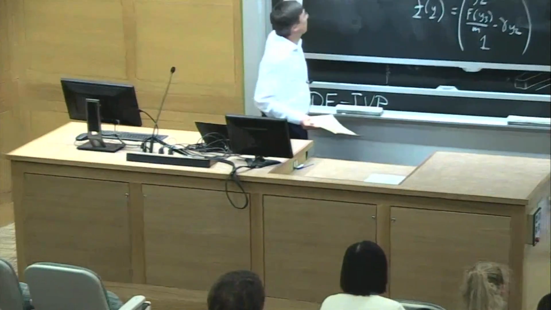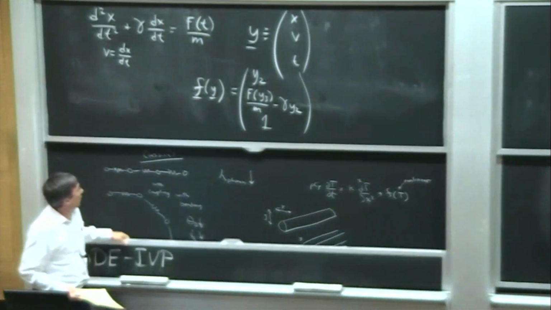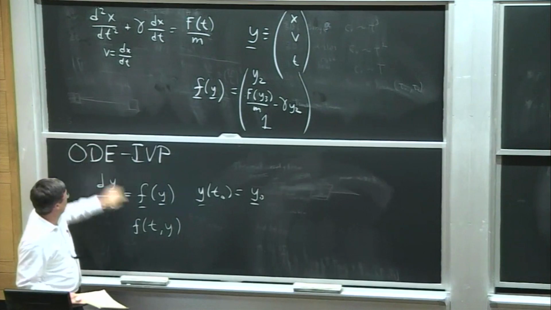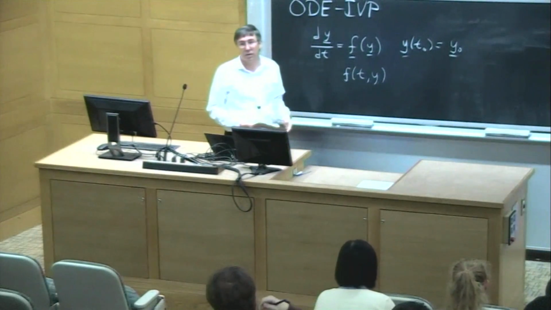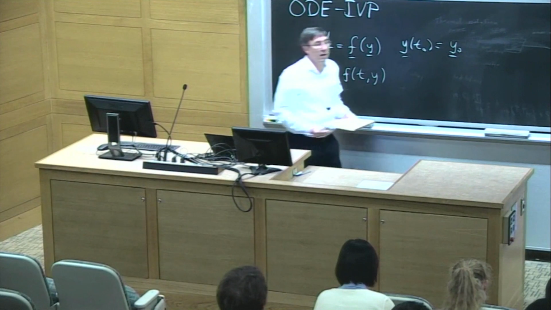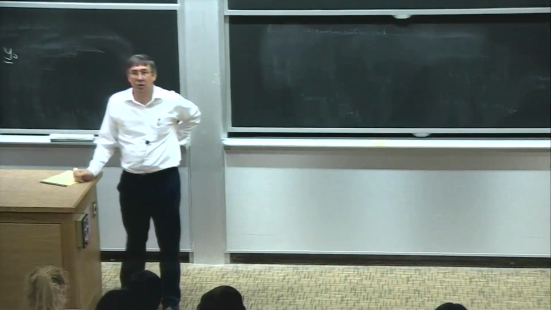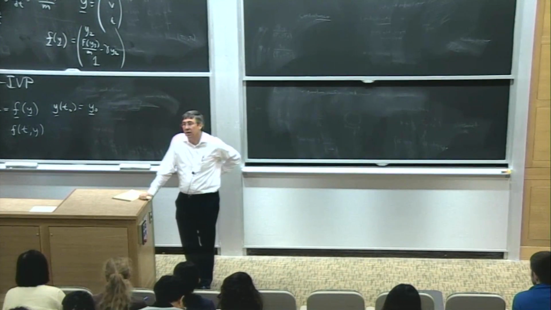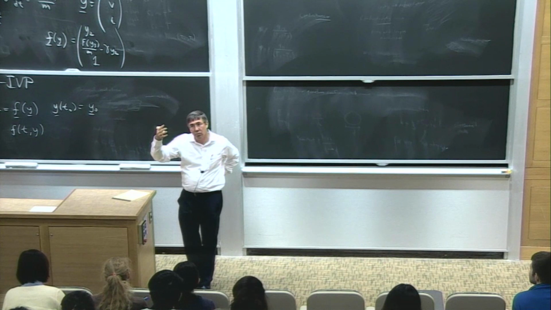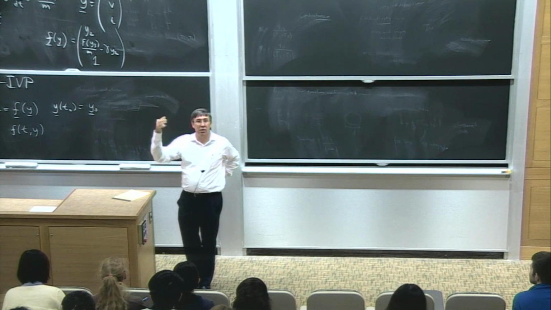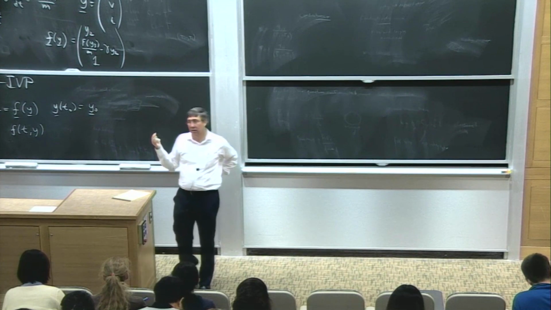So this is just how you can convert. If somebody writes the equation this way and you want to get it into the standard form that I'm going to show you here, dy dt equals f of y, this is how you convert. I would just say a skill we haven't really emphasized so far in the course, but I think a very important skill, is to be able to get a chemical engineering problem and rearrange it so it becomes a standard form that maps up to one of the solvers you know how to use.